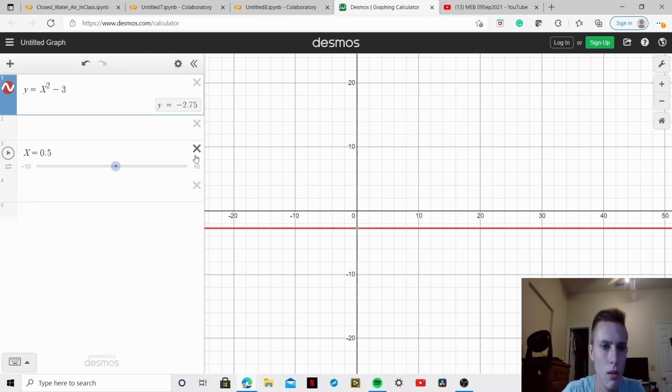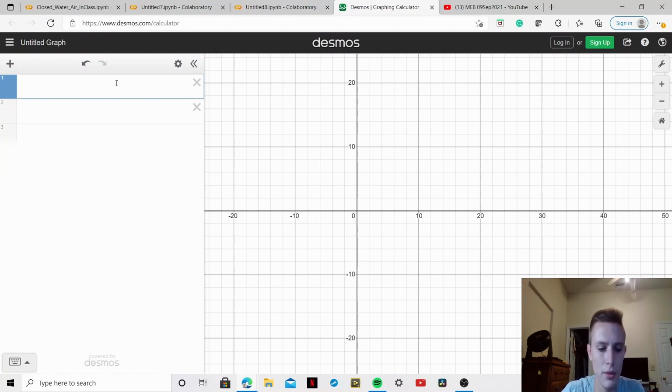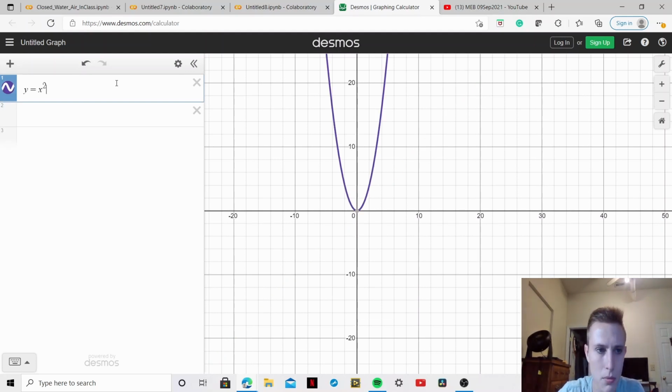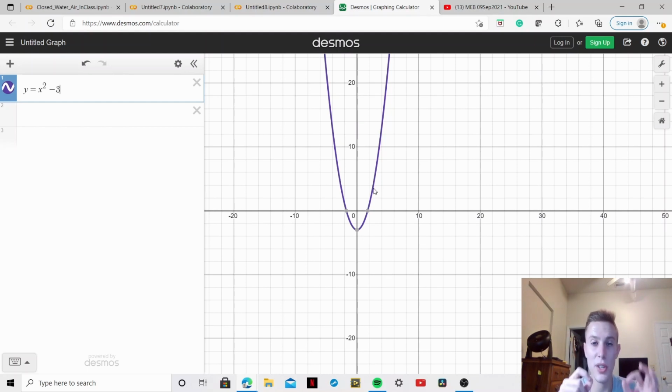Seems to be a problem here. Oh, wait. Let's do it again. So y equals x caret 2 minus 3. All right. So see, in this case, our zeros are where it crosses the x-axis. These are our zeros.